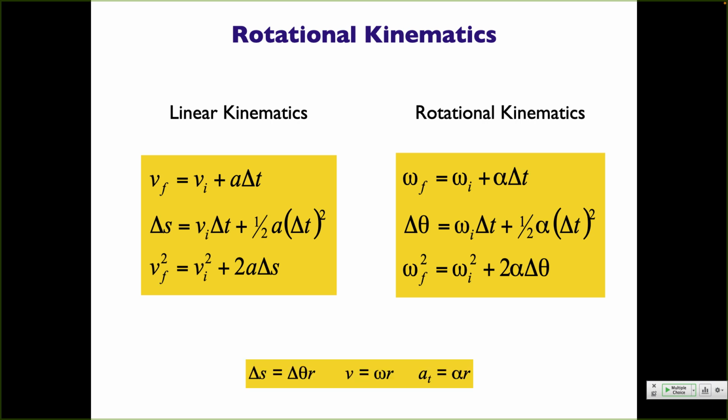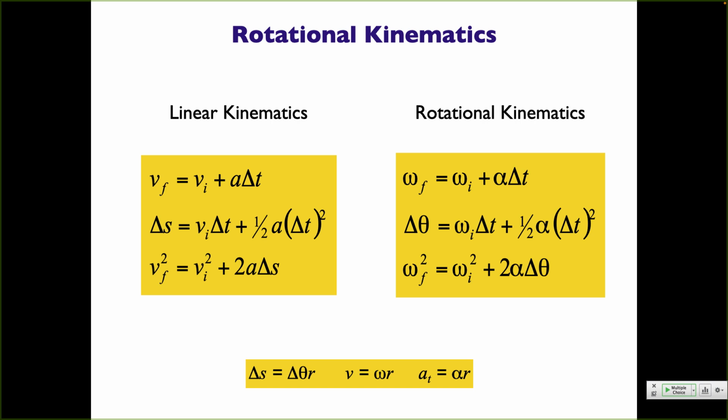And just as a reminder, delta S in this case is the linear distance. It represents a dummy variable, meaning it represents x, y, or z, or r, theta, phi, or any system of three-dimensional coordinates you're using, okay? So we use S just to be general. It's the same as the change in theta times the radius. This is the arc length: the change in theta is the angle times the radius.